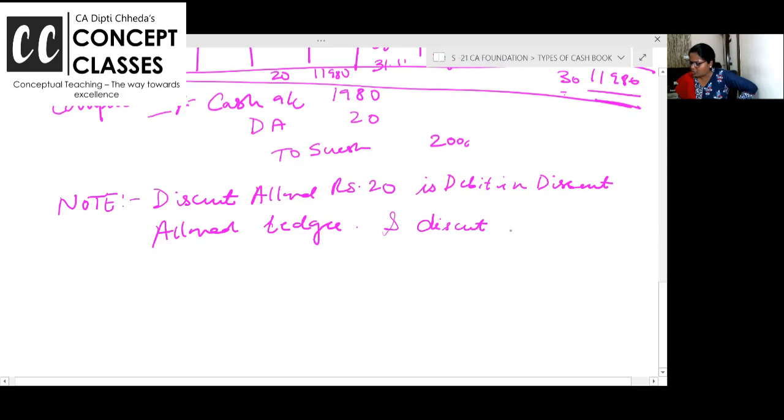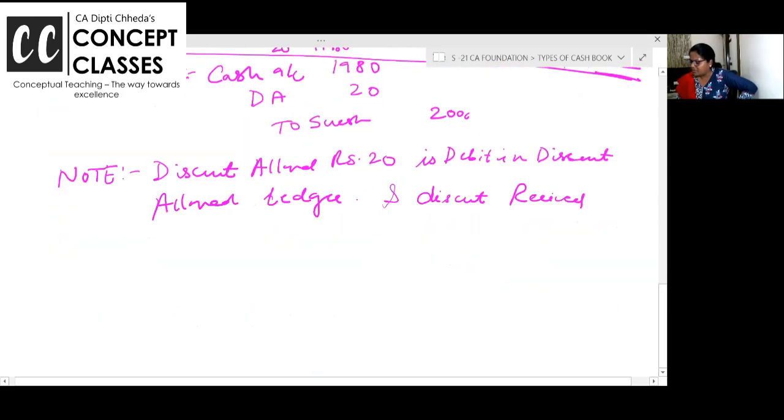And discount received rupees 30 is credited in discount received ledger.